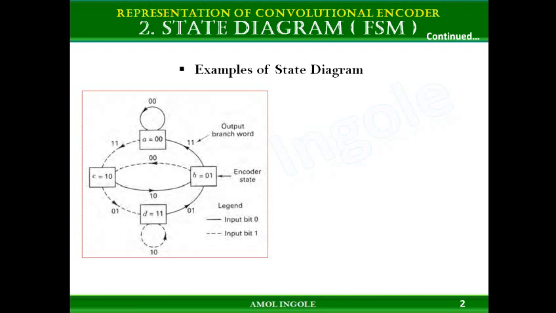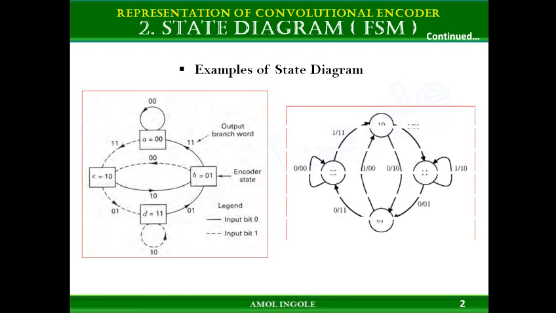These are a few examples of state diagrams. You can see here a box is used to show the state. Here a circle is used to show the state of the encoder. Here darker and dotted lines are shown for input bit 0 and input bit 1. Whereas there is one more way of showing the input and output.